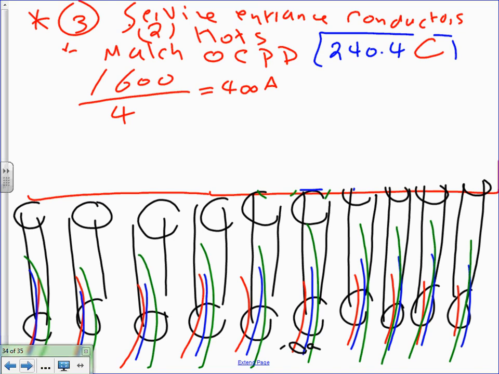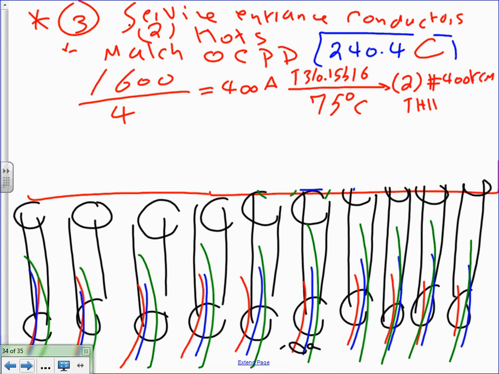We're going to use Table 310.15(B)(16) under the 75 degree Celsius column, and 600. How many? For service, I need 2 for the 2 hots. So 2 conductors, number 400 kcmil THHW.